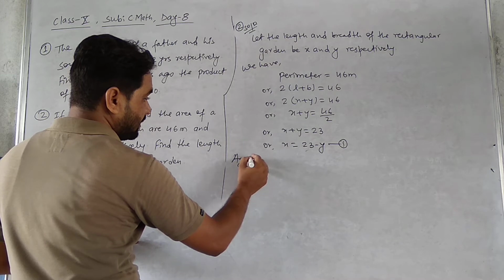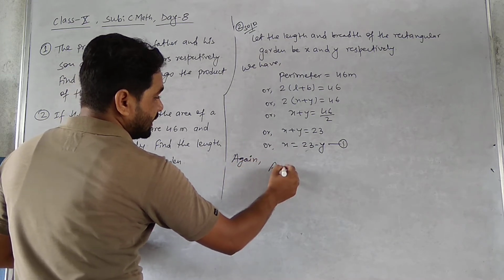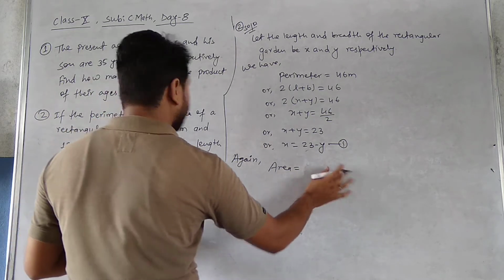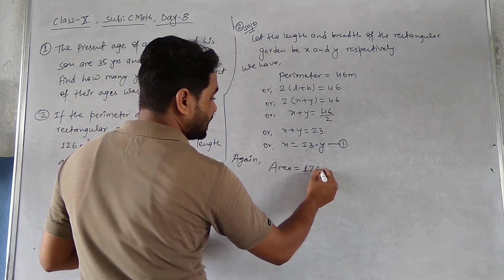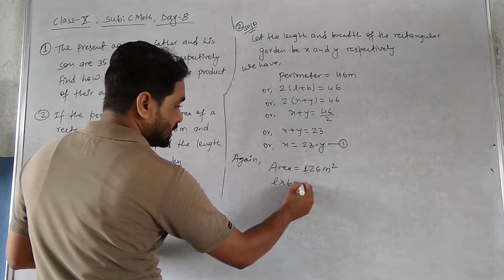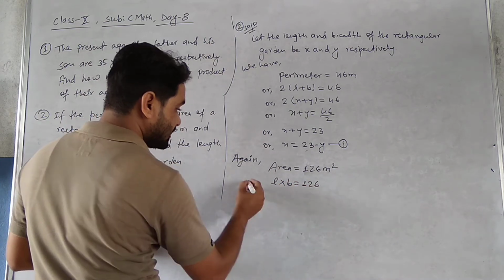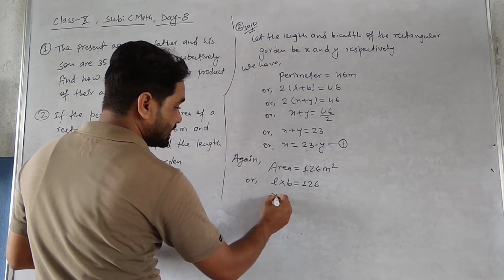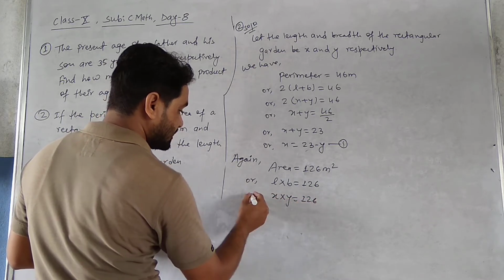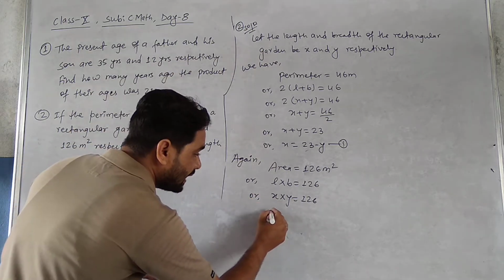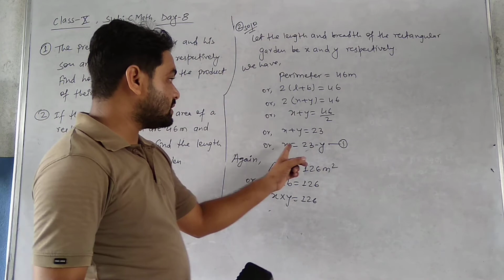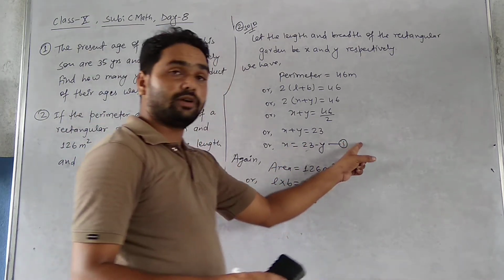Now again we have area. Area equals to, it is given, 126 meter square. That means L into B equals to 126. This L is x and B is y, so x into y equals to 126. Now putting the value of x equals to 23 minus y from equation first.